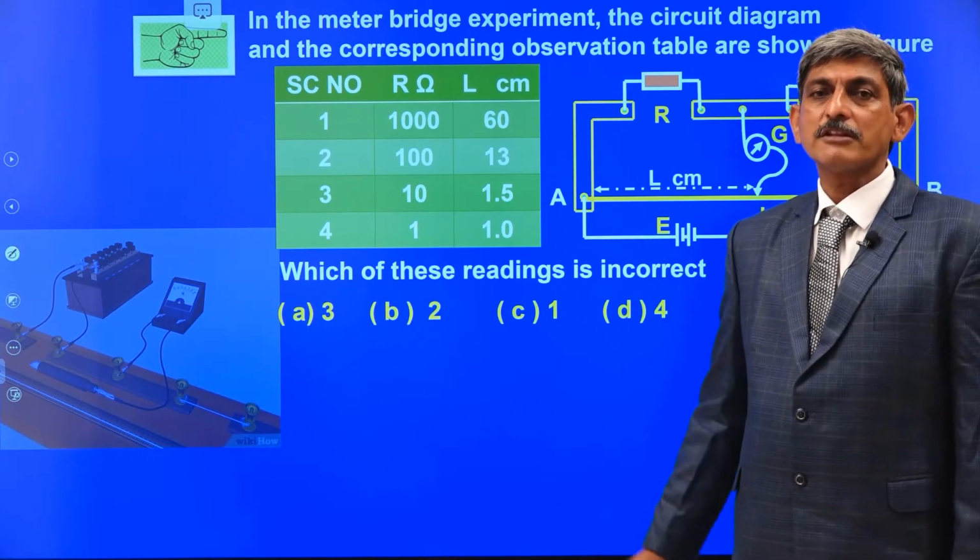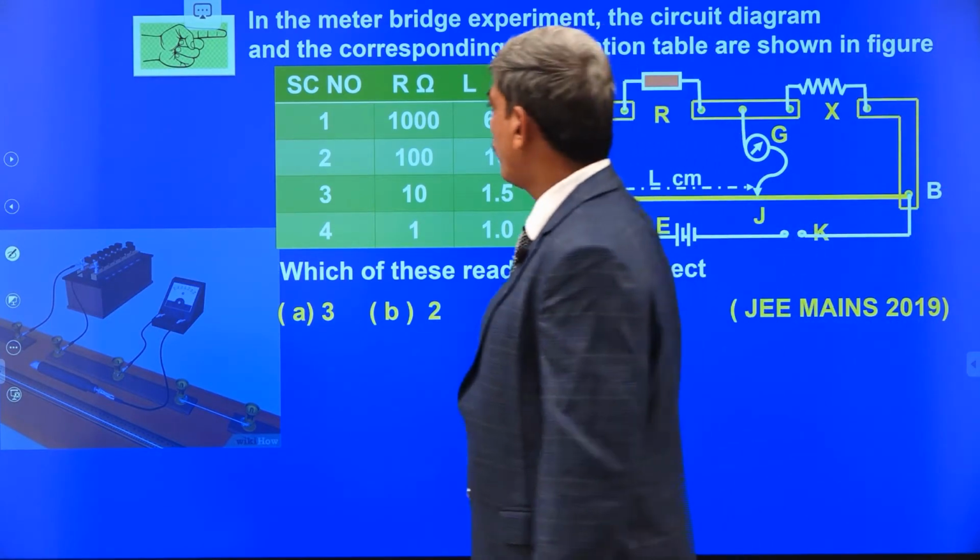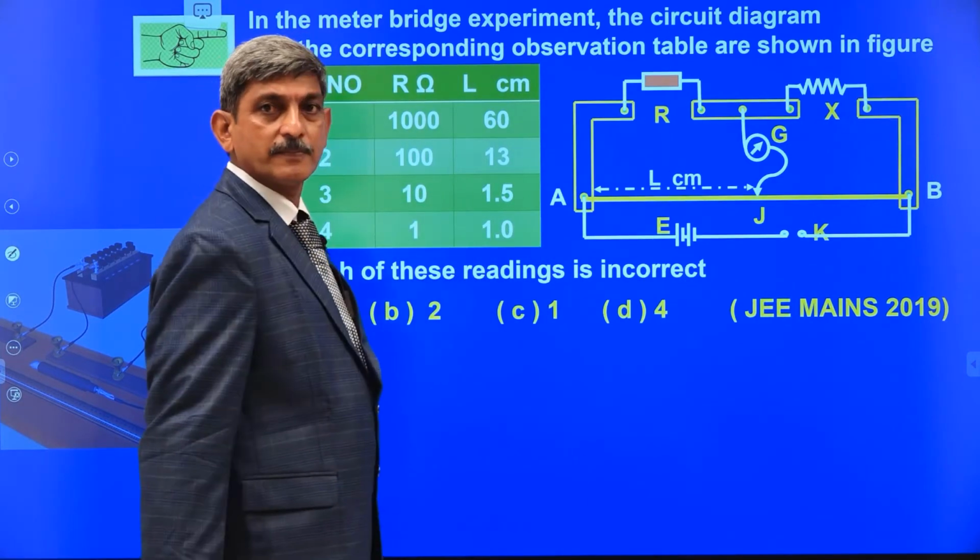So we are going to solve this problem by using the balancing condition of the meter bridge. What is the balancing condition of the meter bridge?